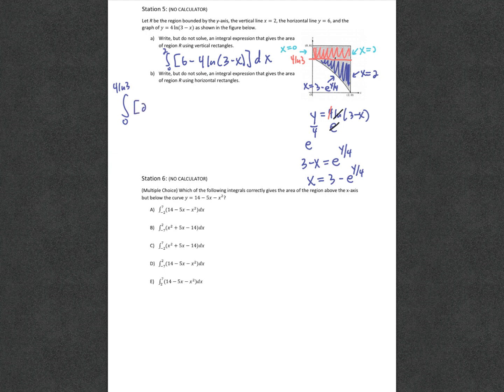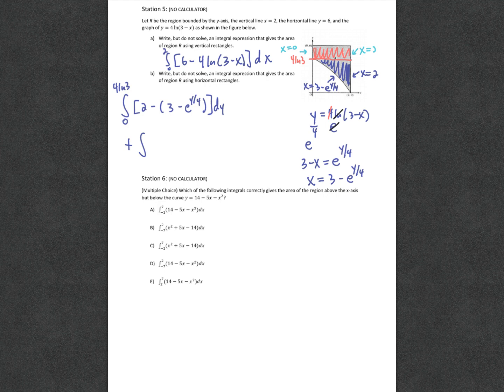The right function is 2, minus the bottom function, which is 3 minus e to the y over 4. Oh, whoops, and then dy. Actually, I'll do it down here. And then plus. So that was the bottom area.